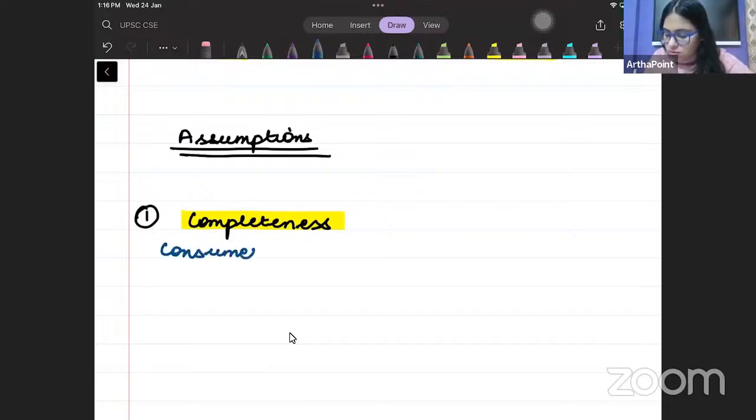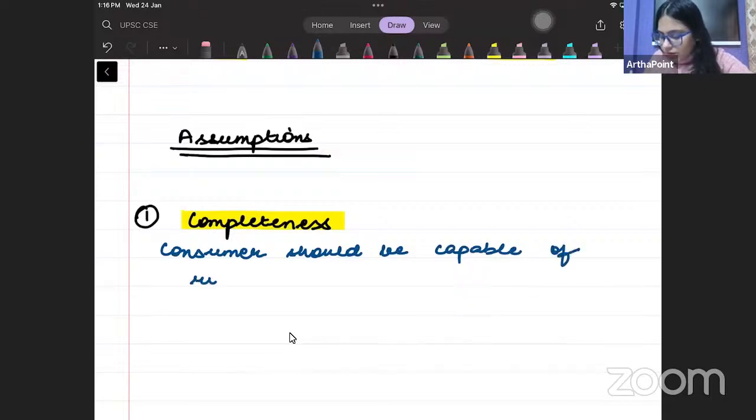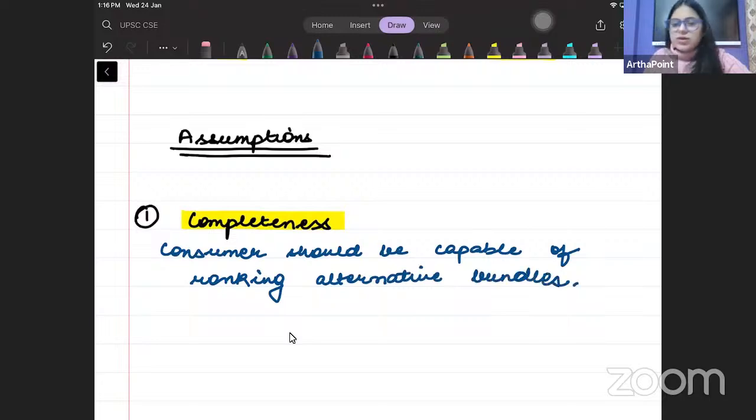Consumer should be capable of ranking alternative bundles. Try to understand what we are saying in this case.